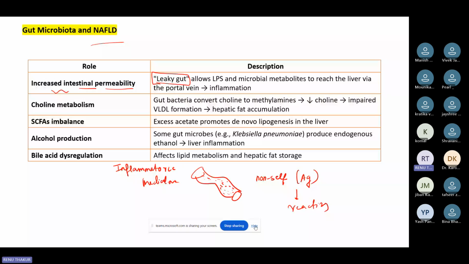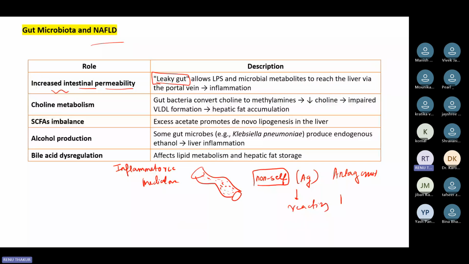So if anything is present in our blood directly, our immune system is responsible for generating an immune response towards it. So it will consider them as non-self. Anything which is non-self to our body, our immune system will consider it as an antigen, that is an antagonist or villain, and it will start reacting against it.